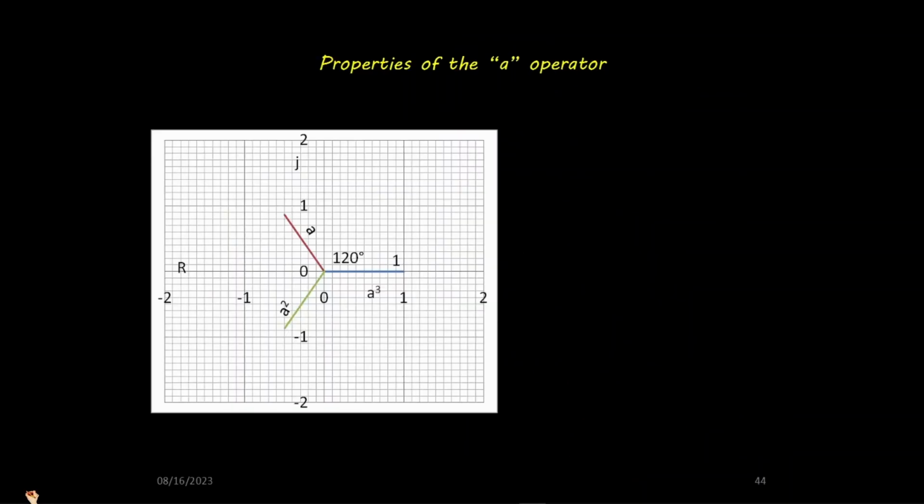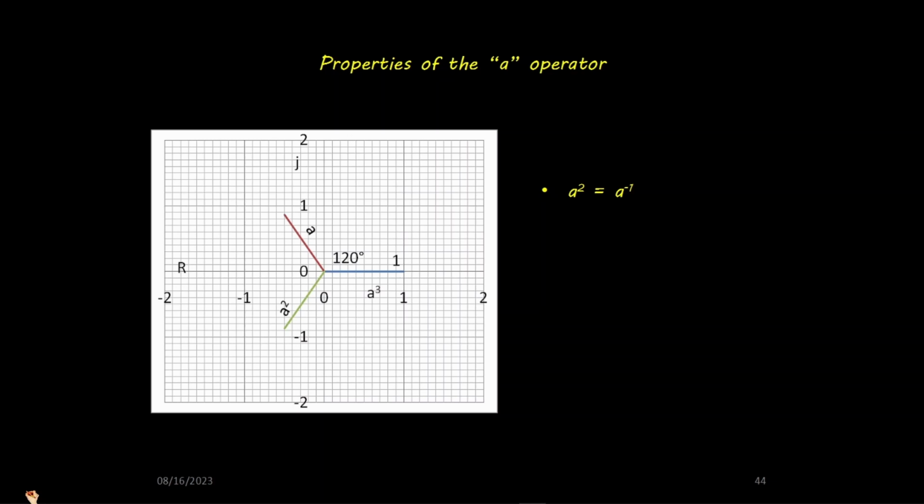If we shift the phasor by A squared, it rotates the phasor counterclockwise, that is the positive direction, by 240 degrees. If we shift the phasor by A to the negative first power, it rotates the phasor in the clockwise direction, i.e. the negative direction, by 120 degrees.